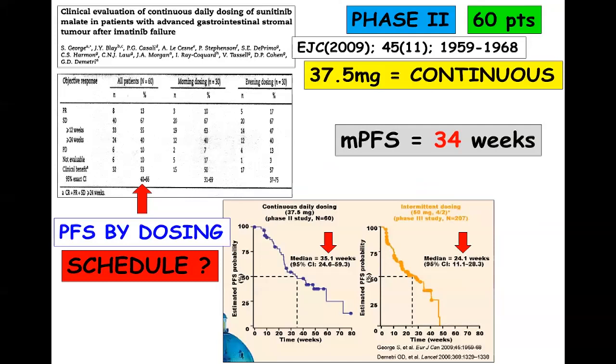So a continuously dosed daily oral regimen of 37.5 milligrams is effective and well tolerated, although no formal comparison has been done, so no randomized clinical trial. This schedule could be an alternative on an individual basis.